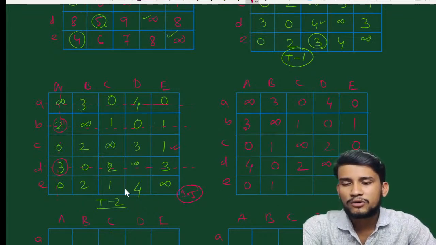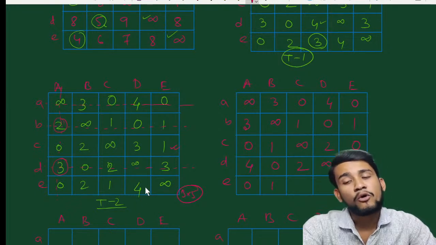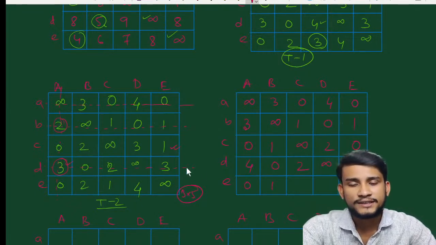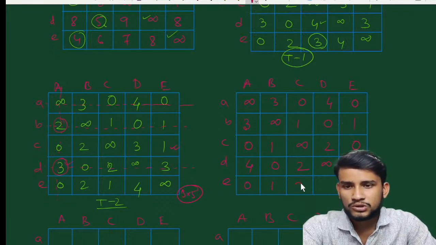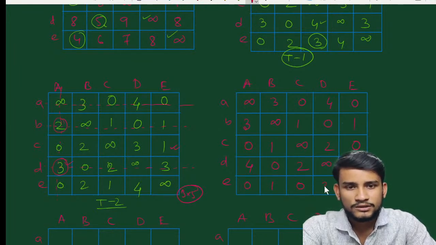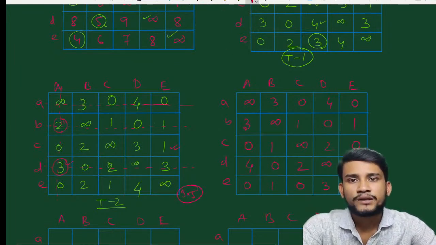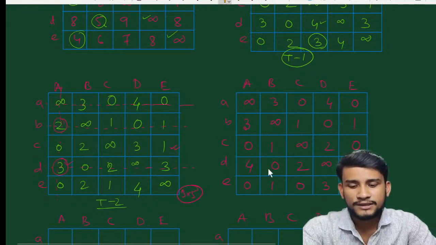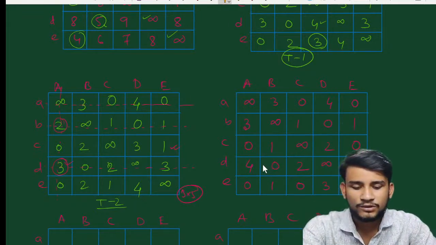Since these are the uncovered elements, we subtract 1 from all the uncovered elements and add 1 in this intersection. Okay, so 3, sorry, this is 0, this is 0, this is 3, and this is infinity. Okay, now we again apply the same process.